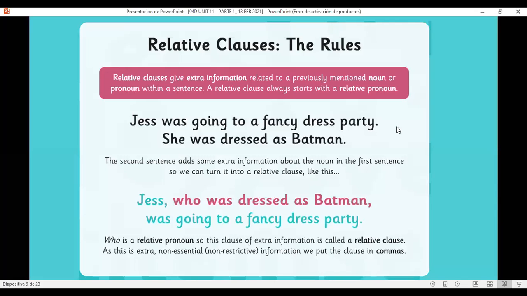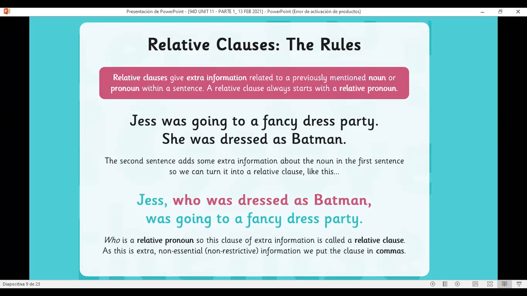So, these relative pronouns are very, very important because you're going to need them in order to form some relative clauses. ¿Sí? ¿Y qué son estas relative clauses? The relative clauses are some extra information related to a previous or mentioned noun or pronoun within a sentence.